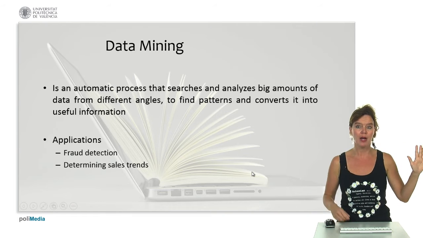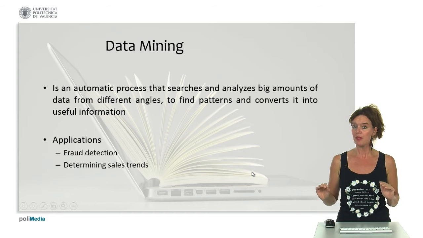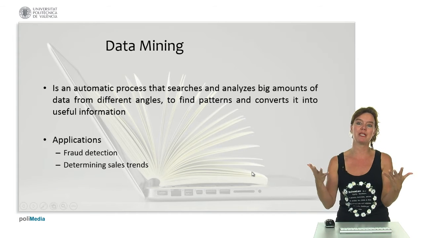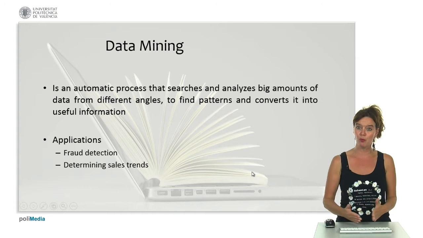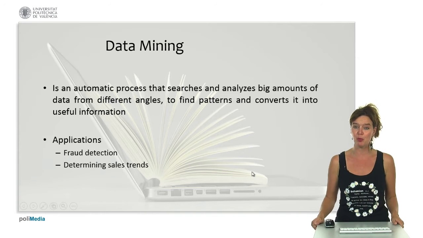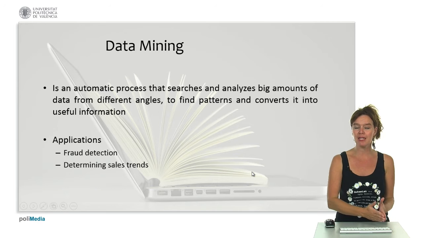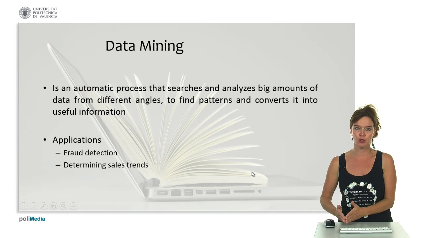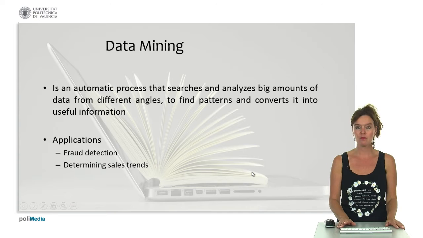They know who you are, and they know what all the articles were that you bought. So they're going to see if there are some patterns there. What is being sold most? And maybe they could move it to a more specific spot where they can even sell more of it. So we can use data mining to get information that determines your sales trend in your supermarket, for example.